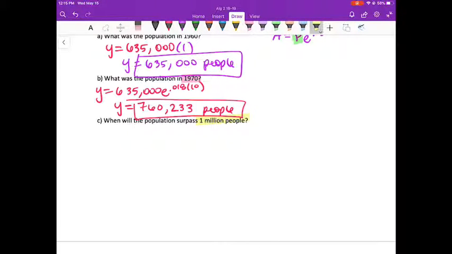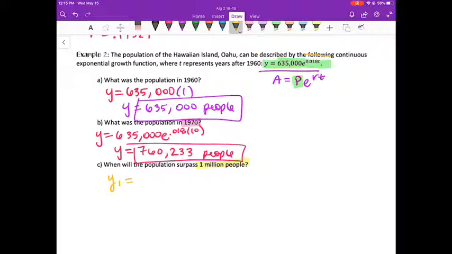This is a question for our graphing calculator. So what we do is we plug in y1 equaling our function, 635,000 times e to the 0.018t. And then y2 is going to be that 1 million. And we want to know where they intersect.